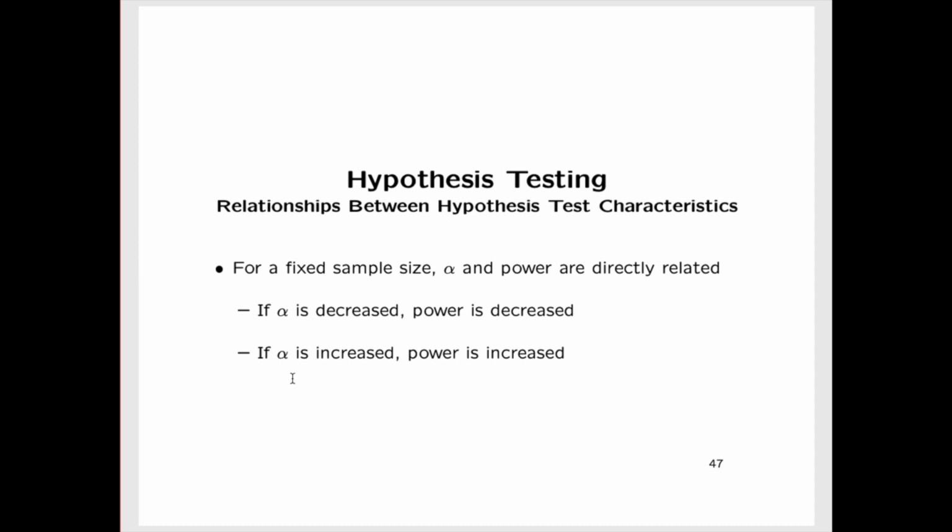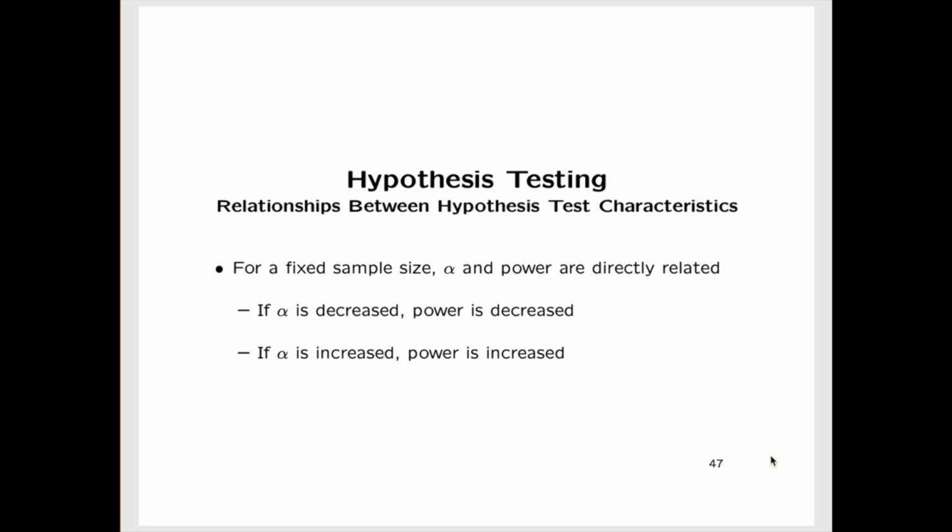But we have to remember that alpha is the probability of a type 1 error, and that's something that we typically want to be fairly small. And so we have these competing issues here. We want alpha to be small, but we want power to be big, but they are directly related. And so if we choose to use a very small alpha, a very small level of significance, then we will be effectively reducing our power by doing that. So that's just something that we need to keep in mind.